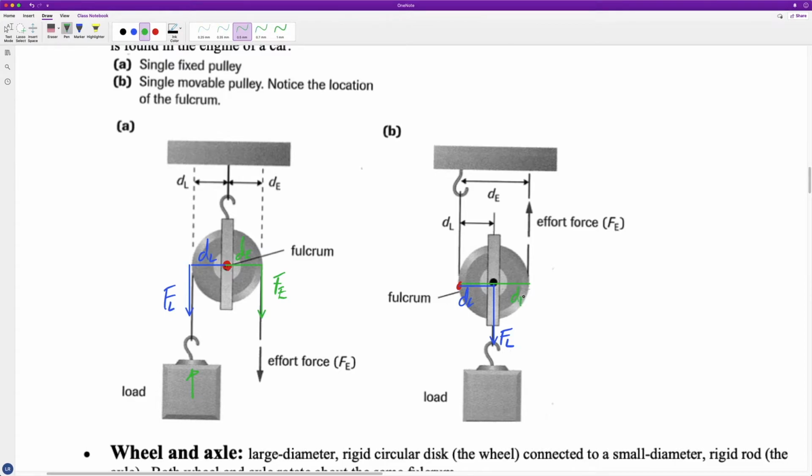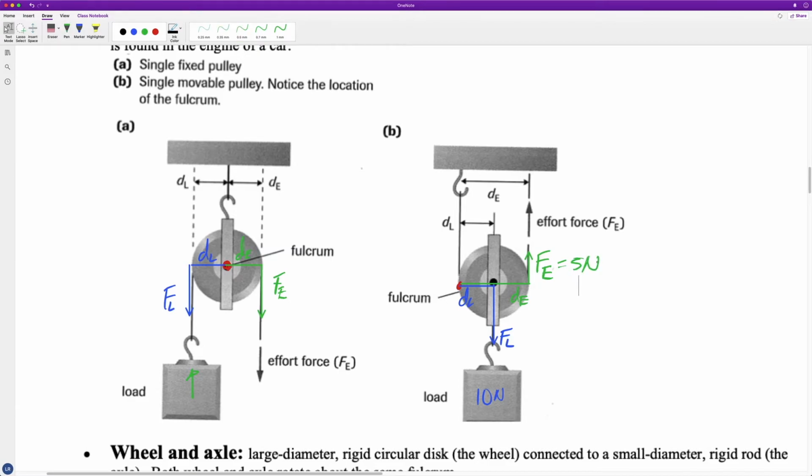This is the distance of our effort, and this is our effort force. And as it turns out, this job requires half the force of how much this weighs. So let's say this object had a weight of 10 newtons. Our effort force would only be 5 newtons.